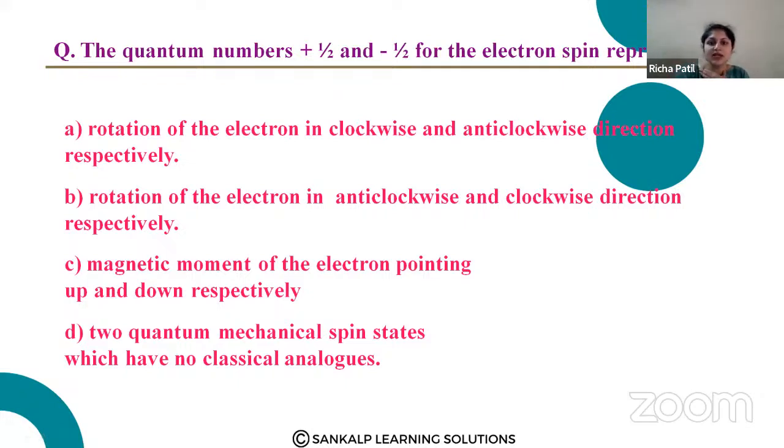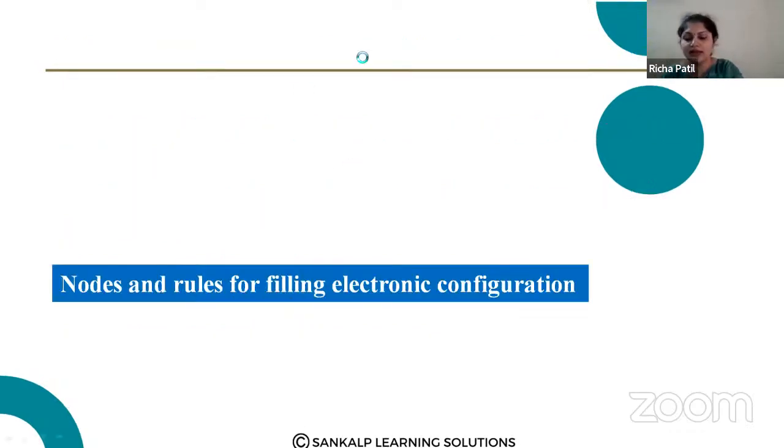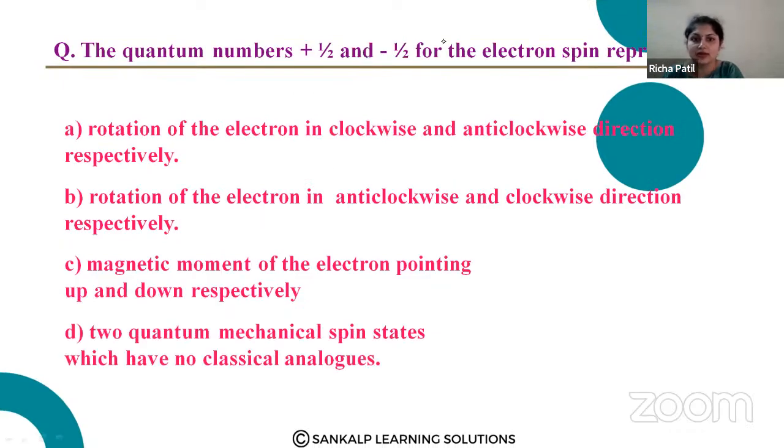Plus half represents clockwise, and minus half represents anti-clockwise. So the correct option is A.